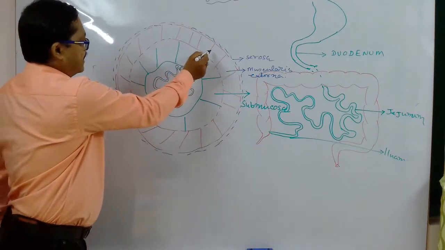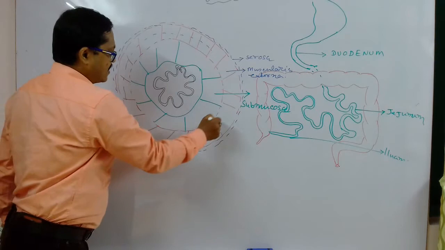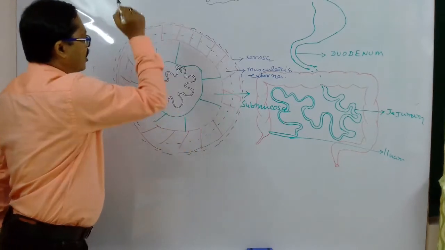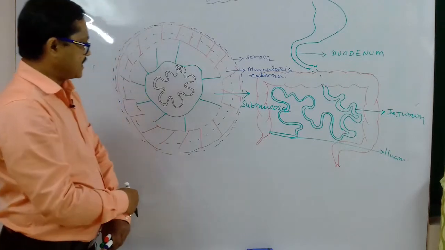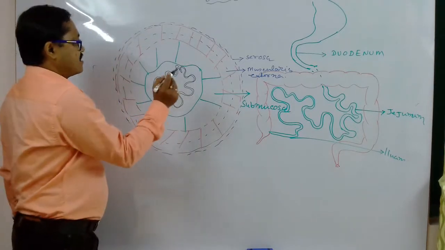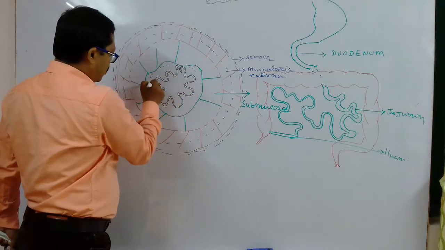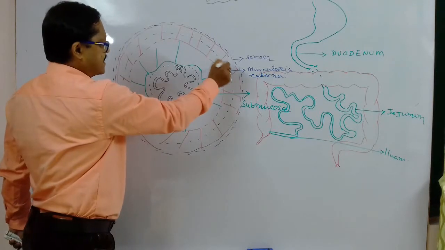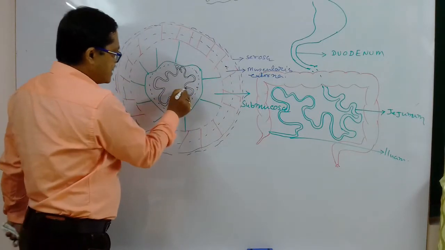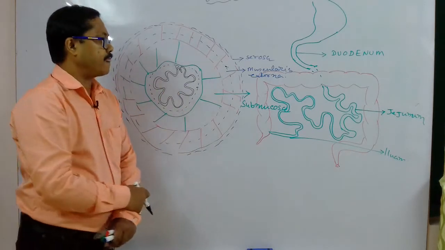The outer nerve plexus is present in the muscularis externa region. This is called Auerbach plexus, and another nerve plexus is also present in the submucous zone. This is called the Meissner plexus. And the innermost layer is the mucous layer.